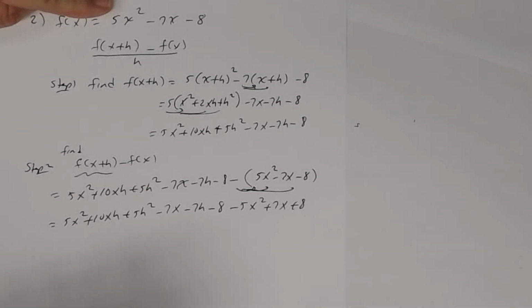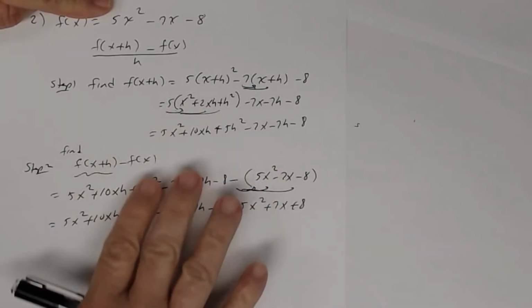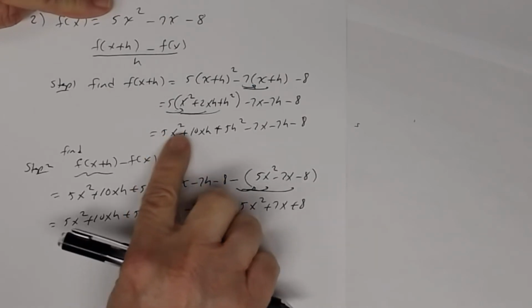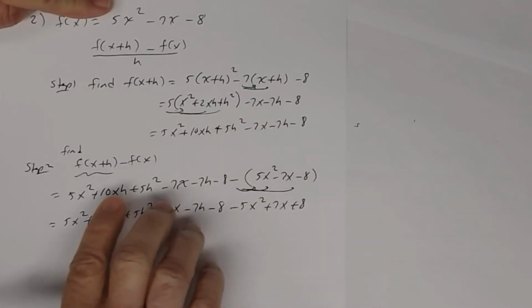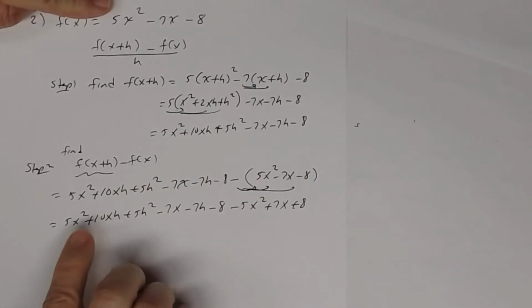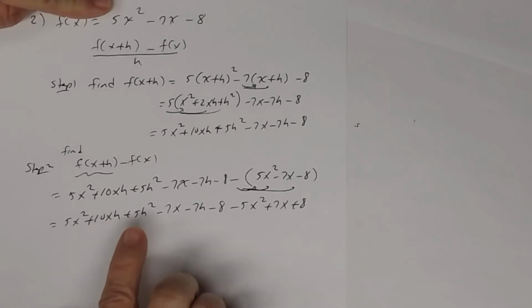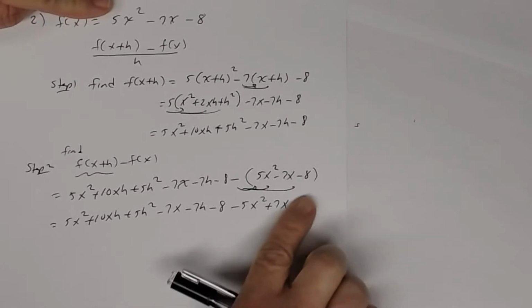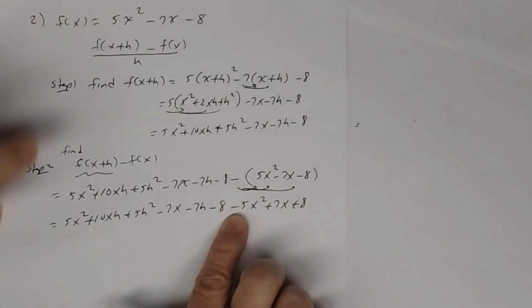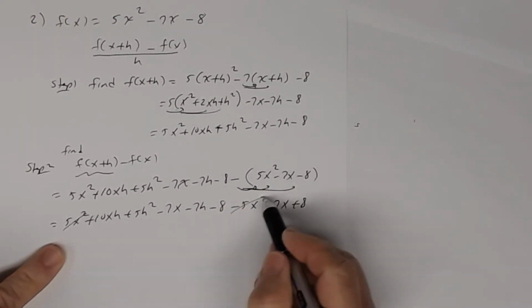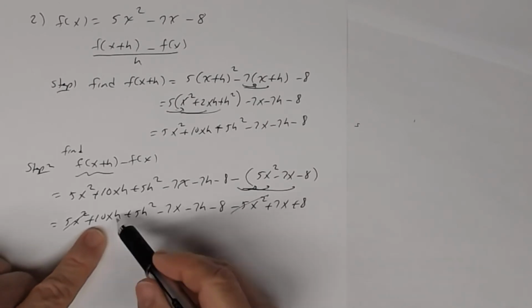Now remember, if everything you did was correct, then every term that doesn't have a factor of h, its opposite better be located. So you see 5x squared, minus 5x squared. That has a factor of h.